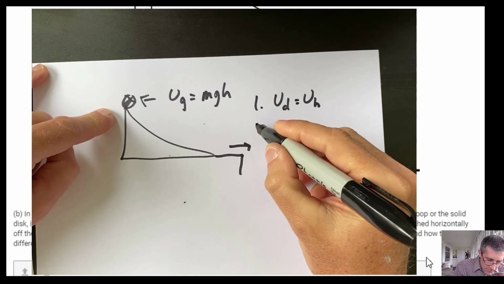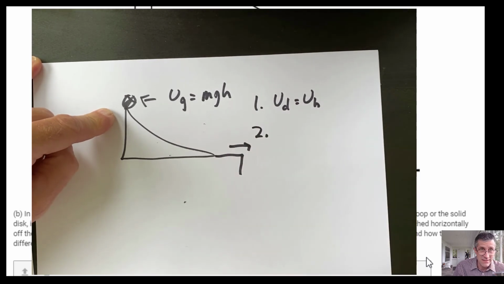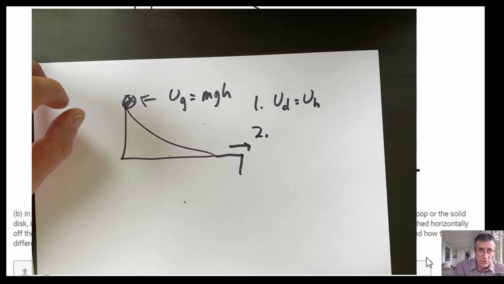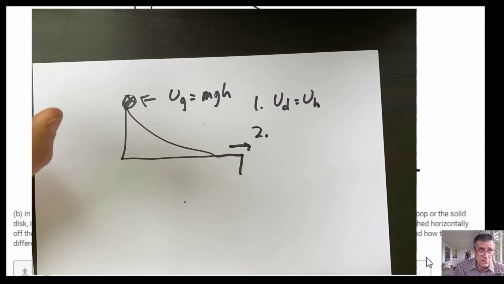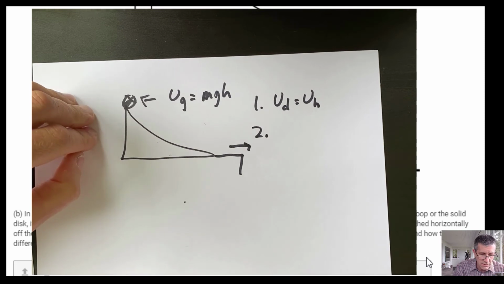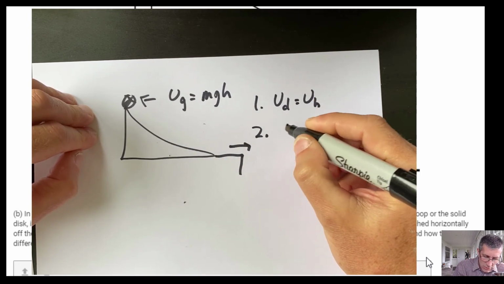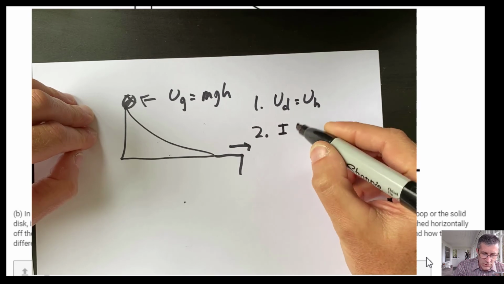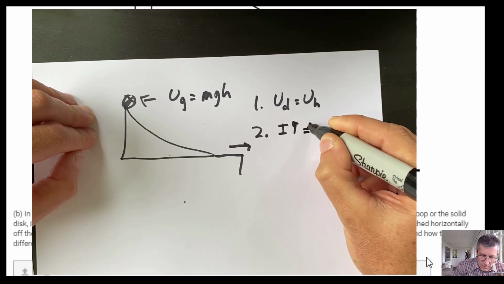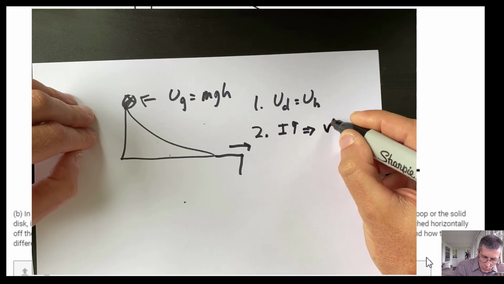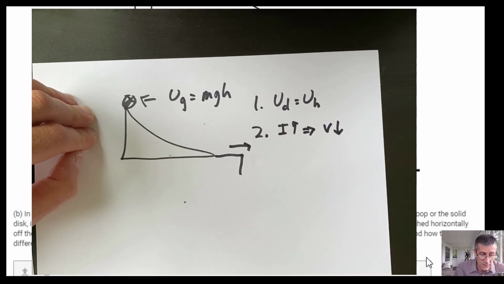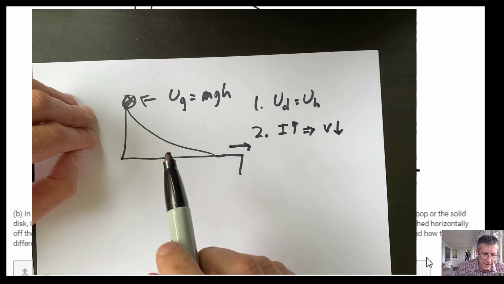So the thing that has the larger moment of inertia, meaning more mass distributed further away, is going to have more rotational kinetic energy. So it's going to be going slower. Larger moment of inertia means lower linear velocity.